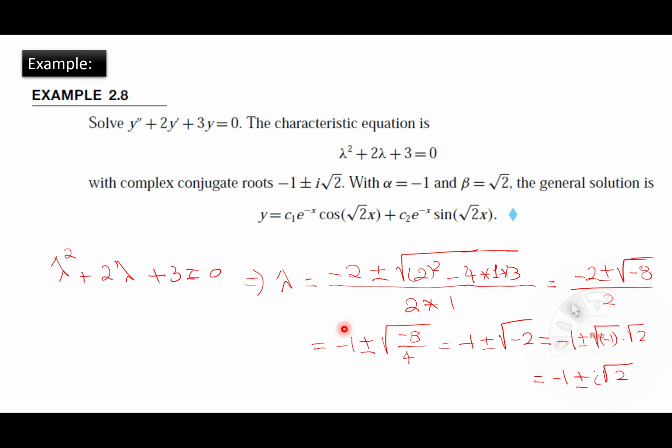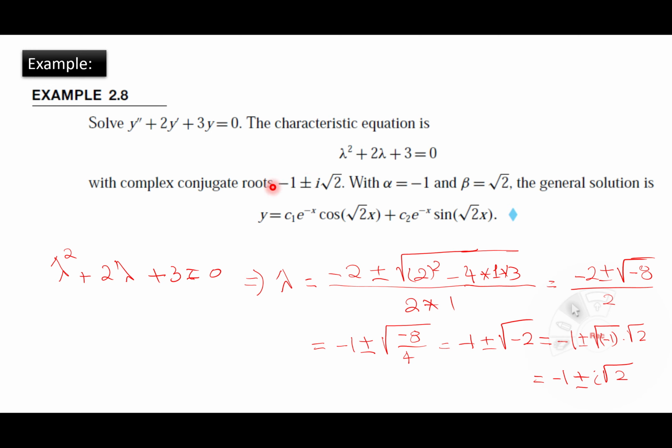After some rearrangement and cancelling, putting the 4 underneath the radical, you end up with minus 1 plus or minus i times the square root of 2. You can check it by yourself.